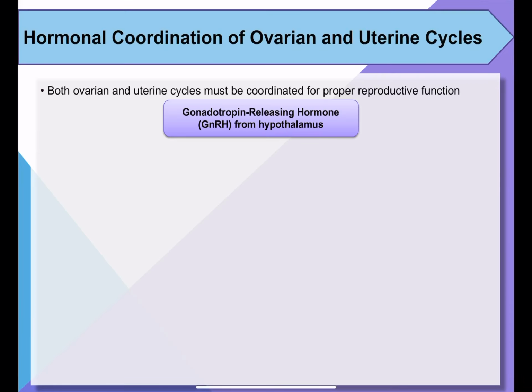So hence, as the video went through with us, these cycles, ovarian and uterine cycle, are highly regulated by hormones and must be coordinated in order for proper reproductive functions to proceed. Again, we start with the hormone that is produced by the hypothalamus, which is your gonadotropin releasing hormone, GnRH.